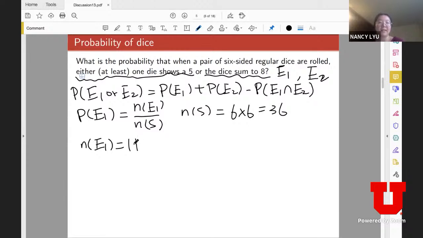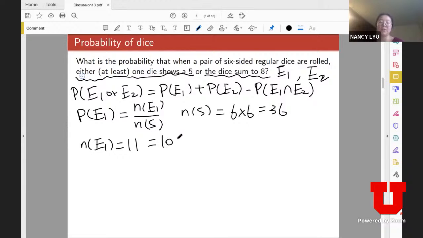That basically counts if only one die shows a 5 and the other one doesn't, or both of them show a 5. If only one die is a 5 and the other one isn't, there should be 10 ways.